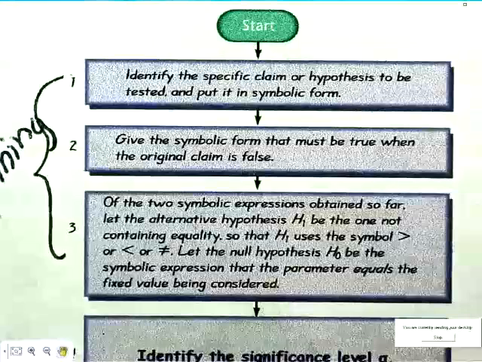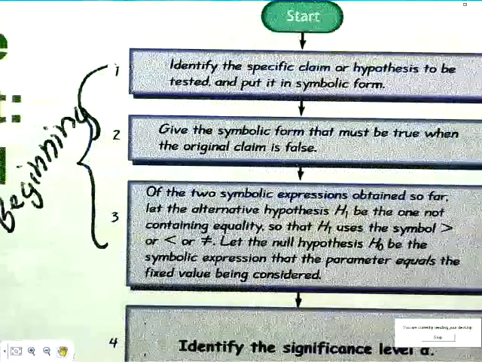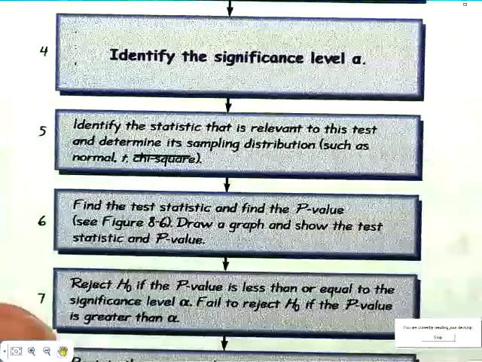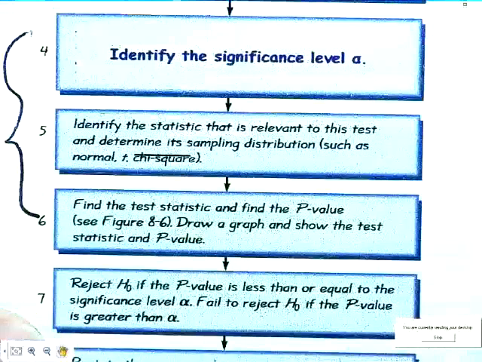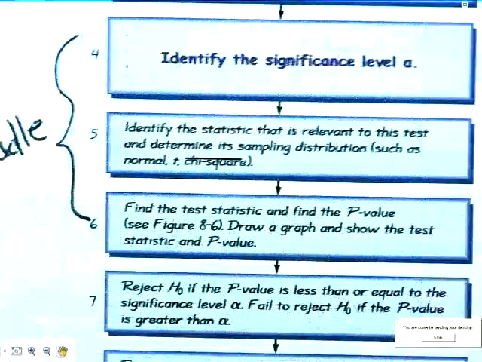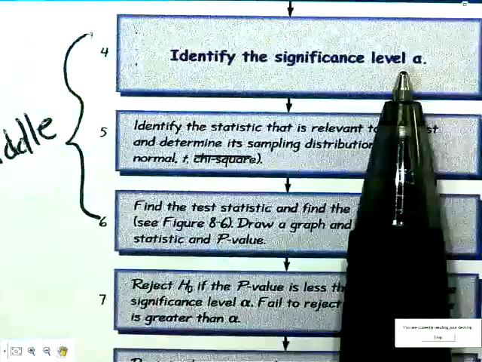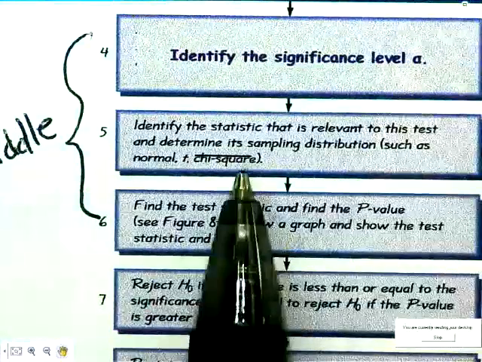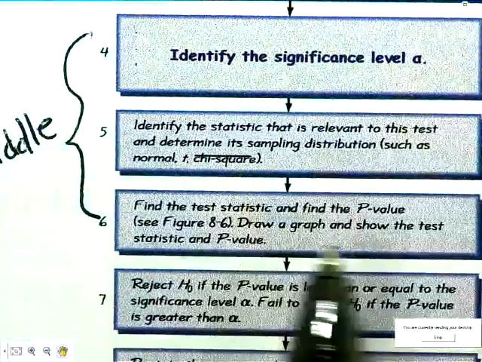The middle, you find the significance level. Steps 4, 5, and 6 are the middle. You have to identify the significance level. You have to let the calculator find the z-value, the test statistic for you, and you let the calculator find the p-value for you.